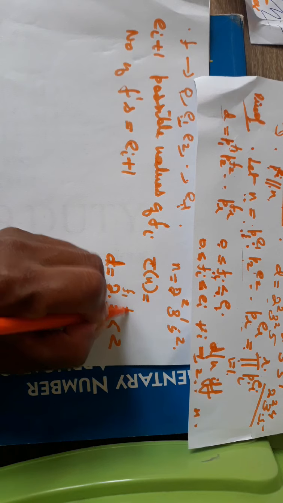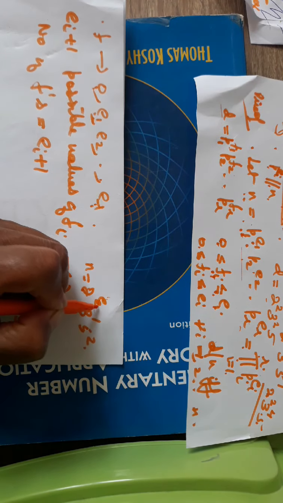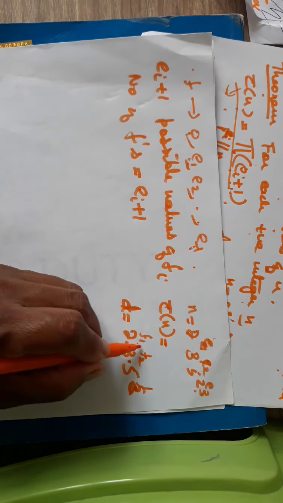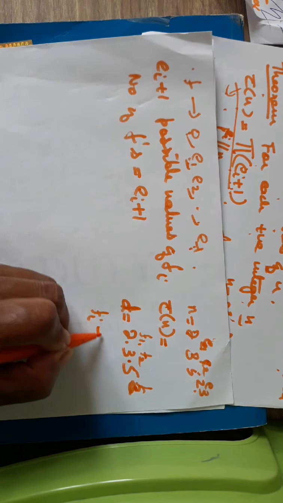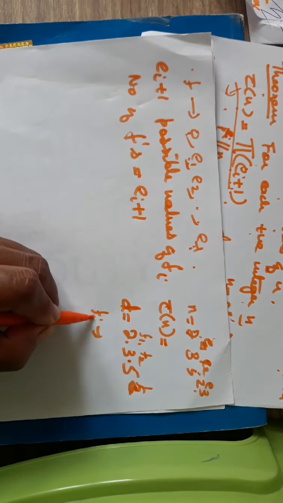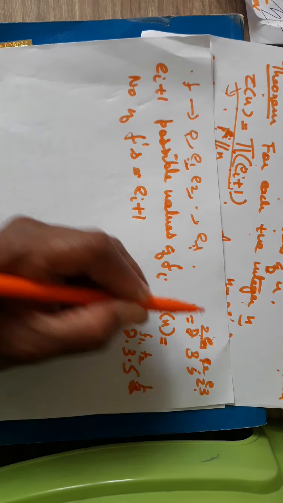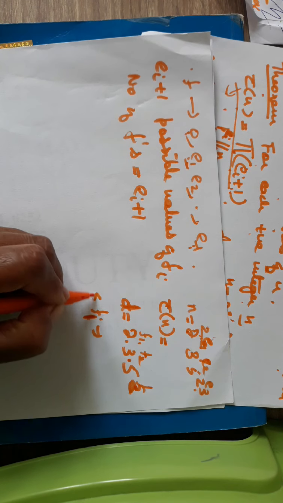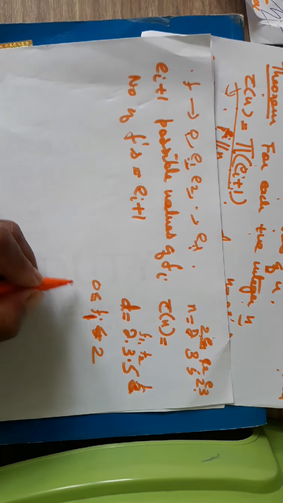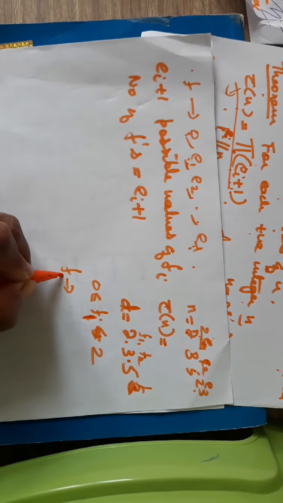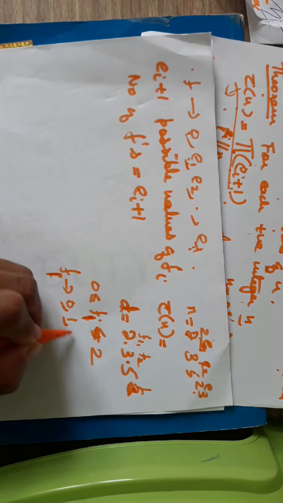What are the possible values of fi? For f1, with 2 squared, it takes values greater than or equal to 0 but less than or equal to 2, so the possible values of f1 are 0, 1 and 2.